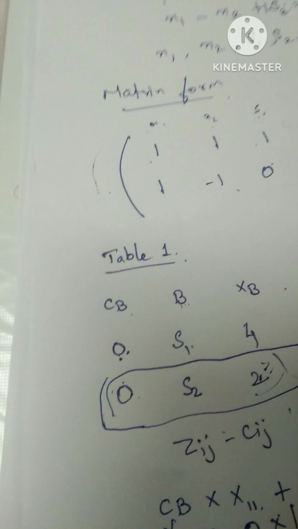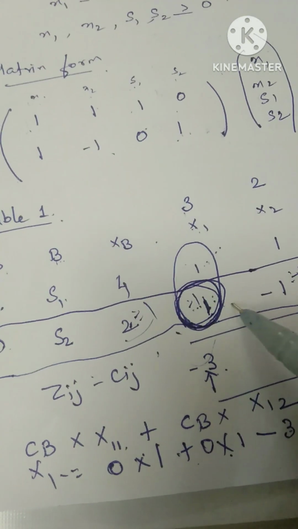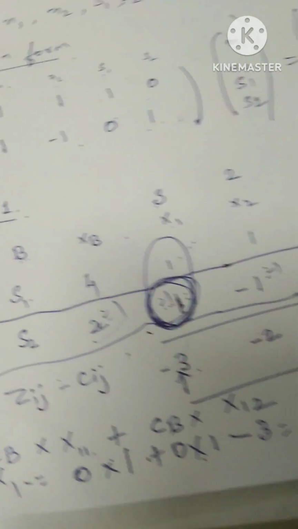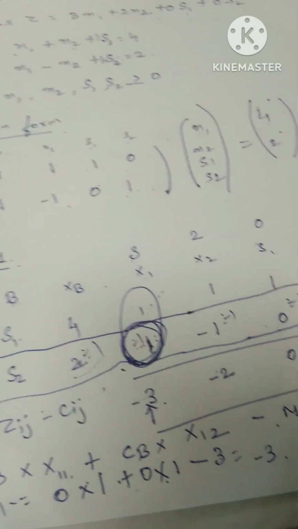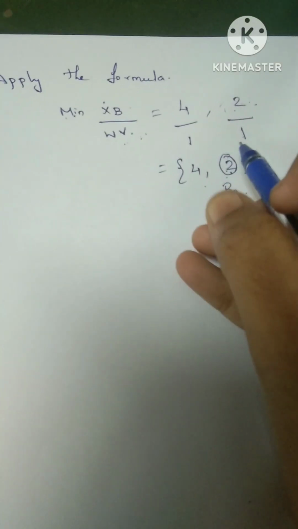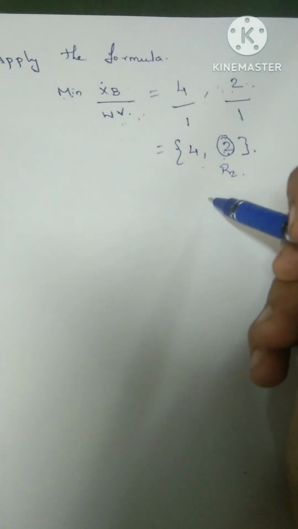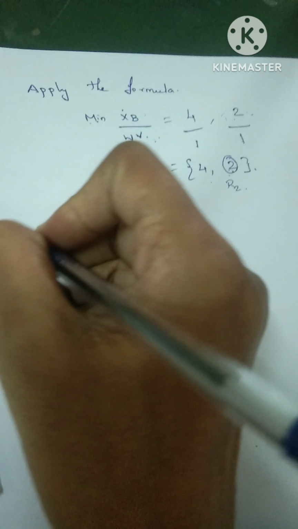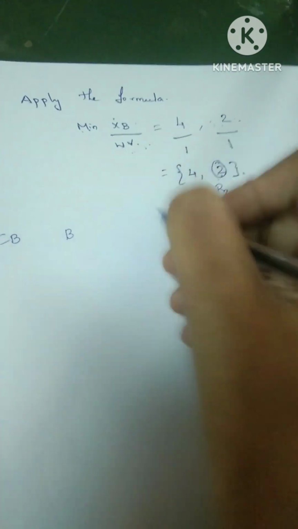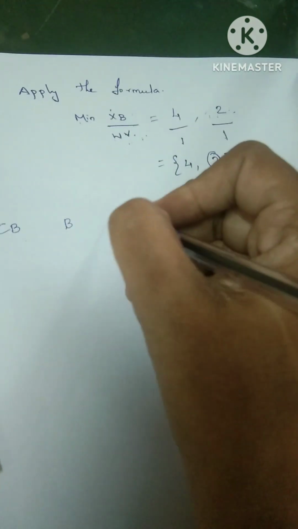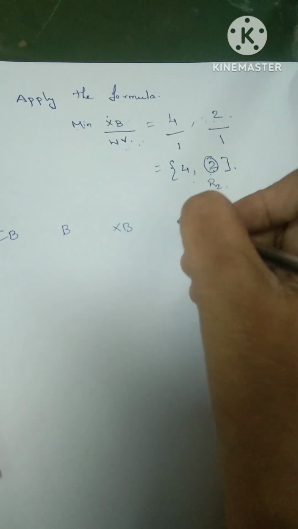The value 1 is divided with the remaining row values of the selected R2, which is the withdraw value, by applying this formula. After this step, we need to prepare a new table with the same variables: CB, B, XB, x1, x2 and s1.